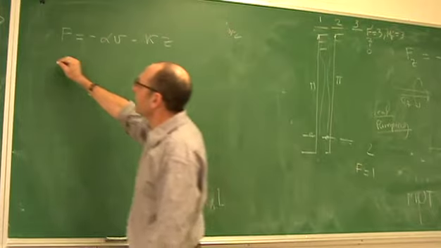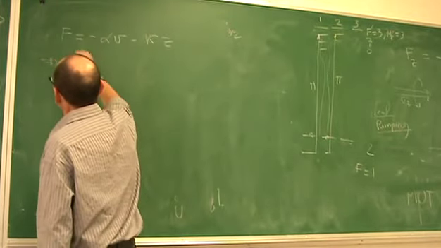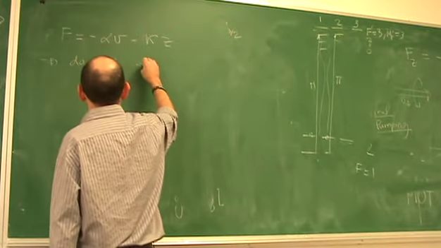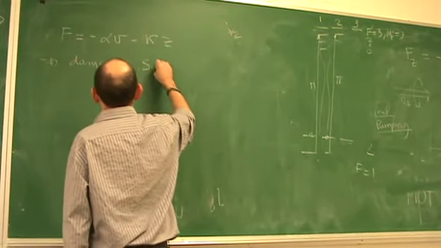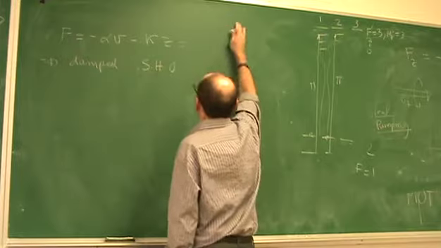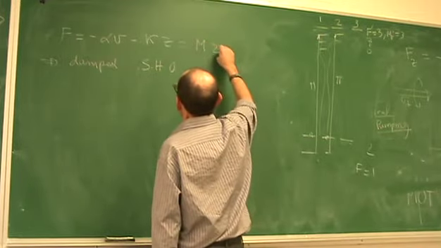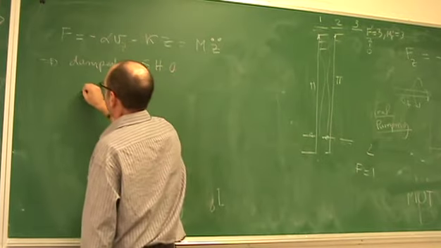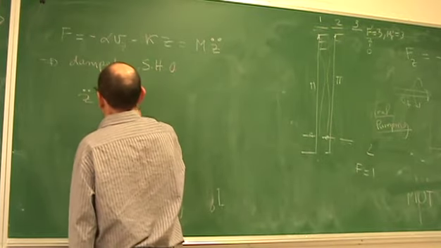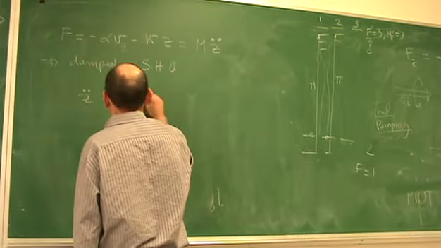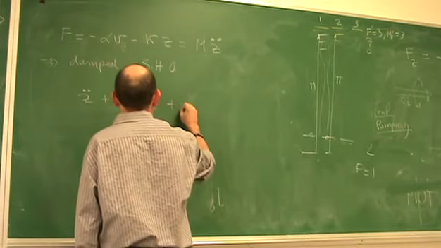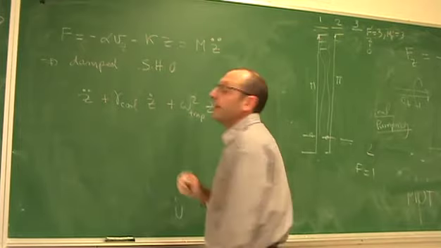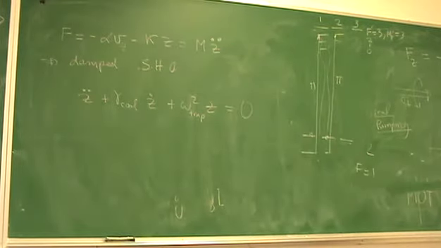And this then tells me that I have a damped simple harmonic oscillator, where this force is MA. And so I get a damped oscillator for this kind of thing.